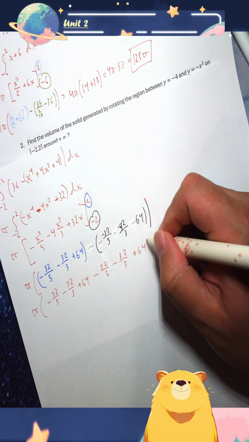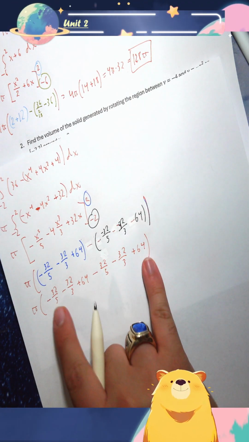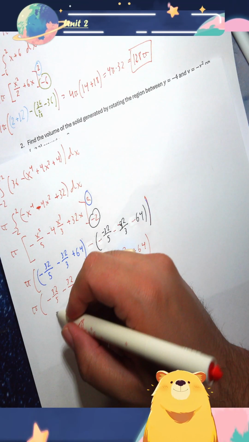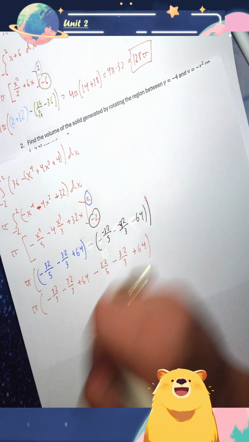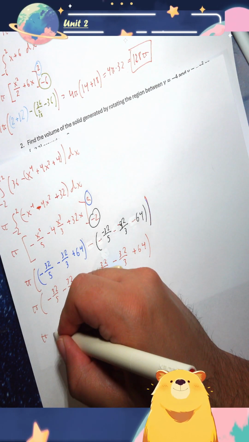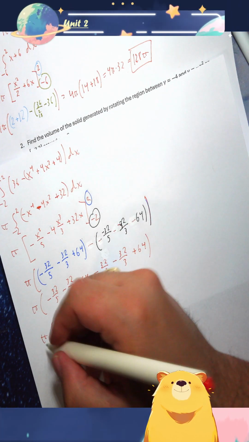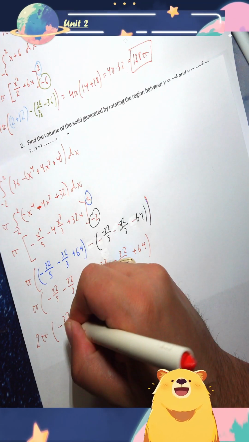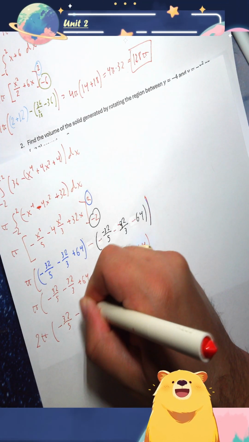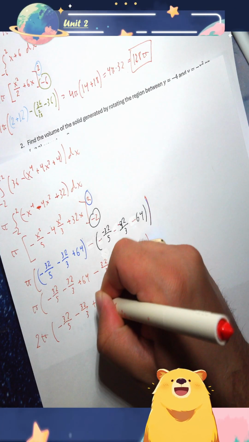So we can see here that all of this doubles. Let's just double it all together. So we got 2 times negative 32 over 5, negative 32 over 3 plus 64.